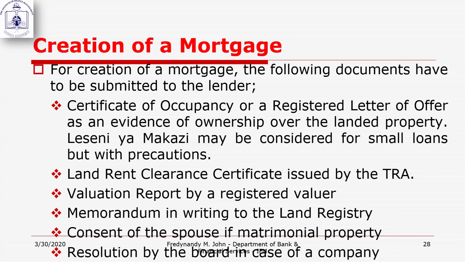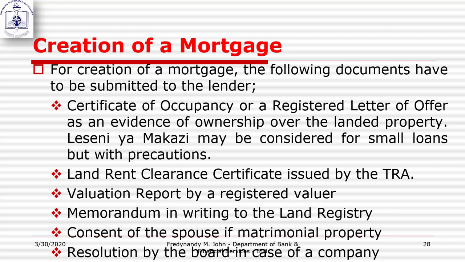Next is the board resolution letter. Now, this letter or the resolution by the board is only for companies. Remember, a company has what we call MEMAT, that is the Memorandum of Association and the Articles of Association.